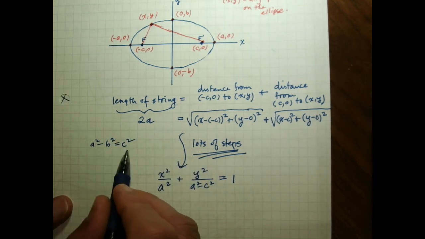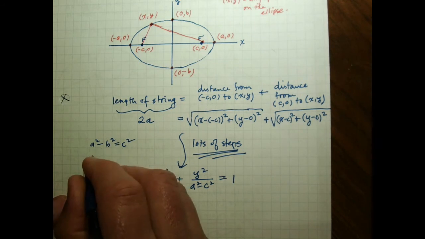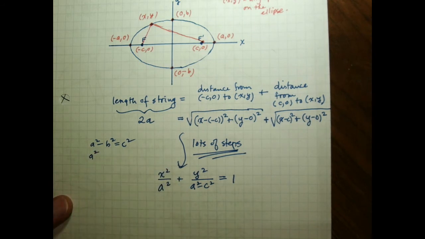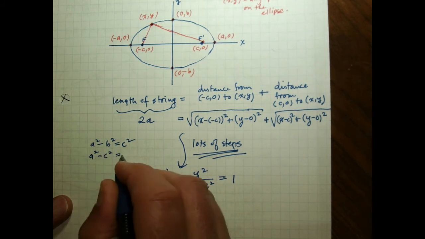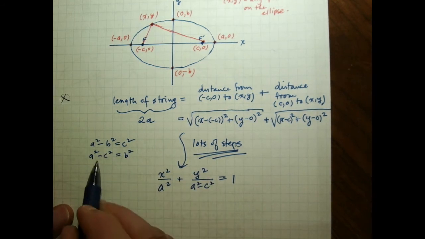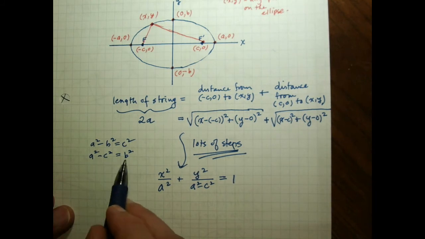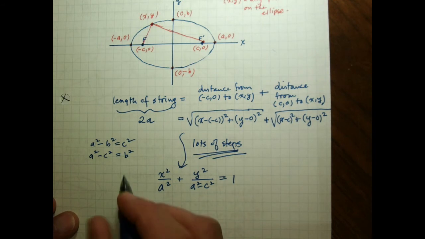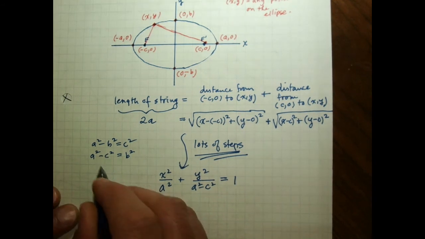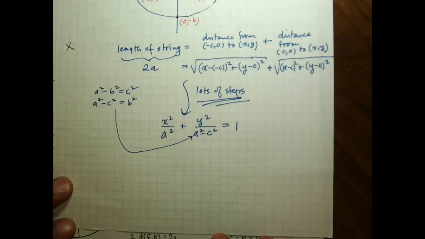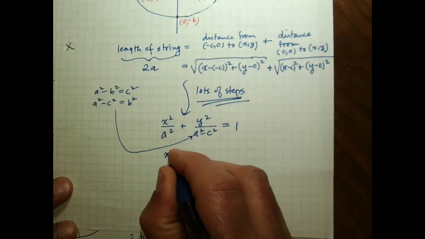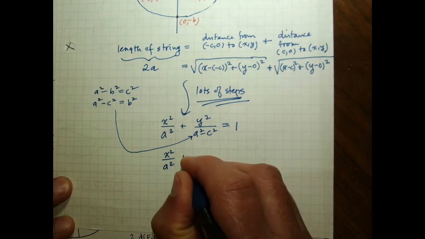Now I'm going to change this equation. I'm going to interchange the b squared and the c squared. I'm going to leave a squared where it is. I'm going to subtract c squared from both sides, and add b squared to both sides. So this is actually an equivalent form: a squared minus c squared equals b squared, which means right there I can replace the a squared minus c squared with b squared.